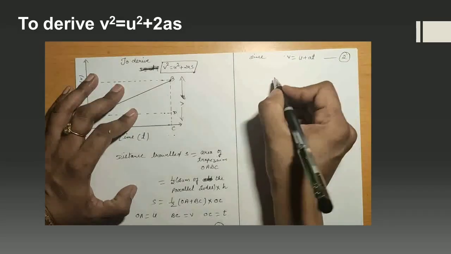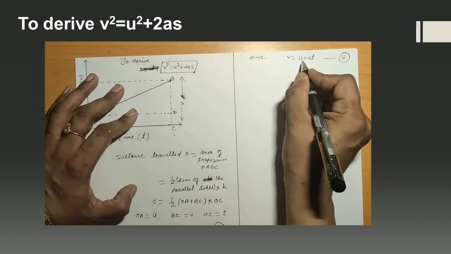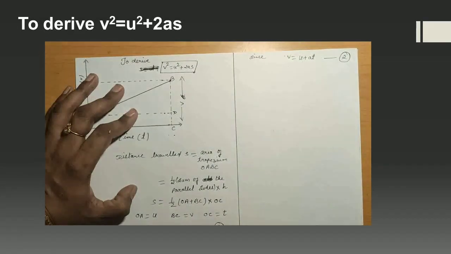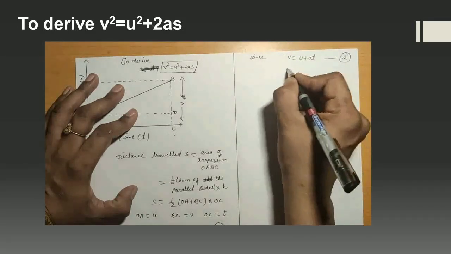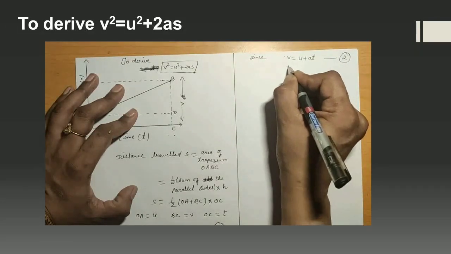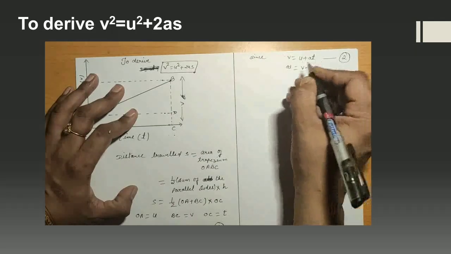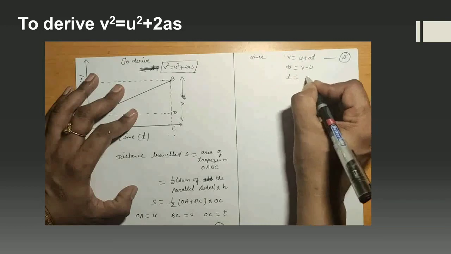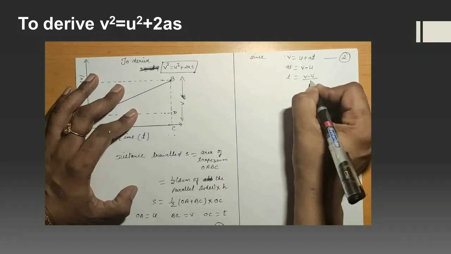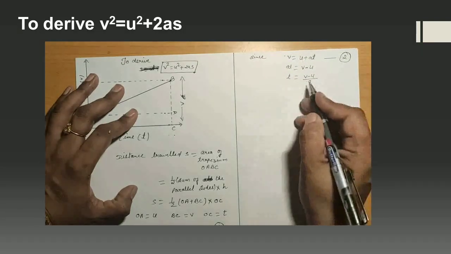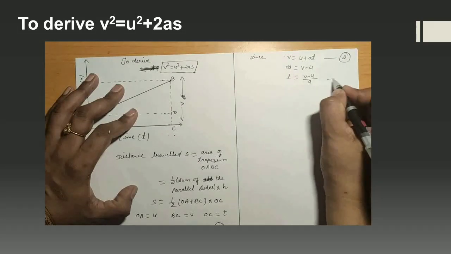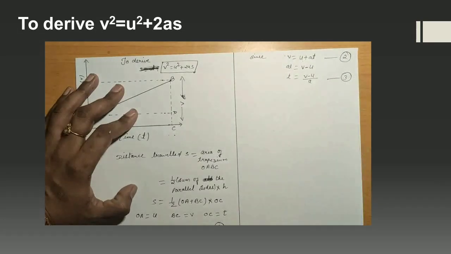So in equation 2, we can find the value of T so that we can put the value of T in equation 1. So from here, AT is equal to V minus U and T is equal to V minus U upon A. Clear? This will be equation 3.